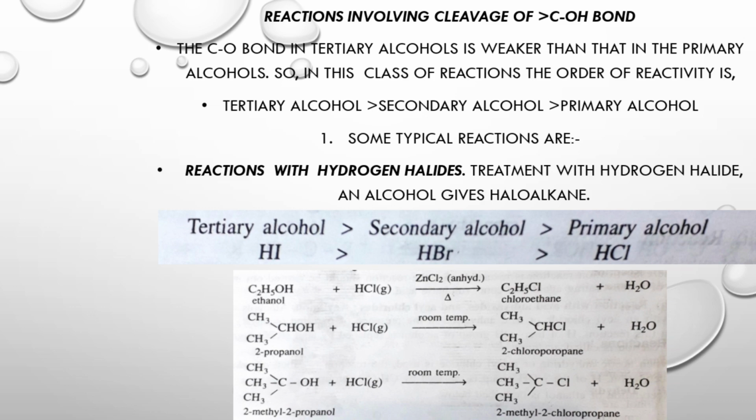Similarly, 2-propanol, as we know, has electron releasing alkyl groups present here. One is CH3 and another is also CH3, plus HCl. At room temperature it gives CH3CHClCH3, that is 2-chloropropane, plus H2O.